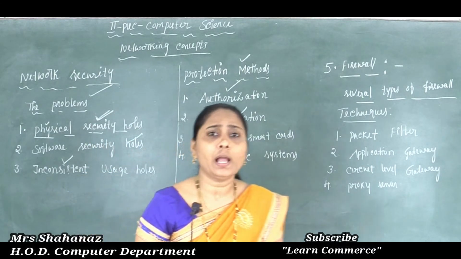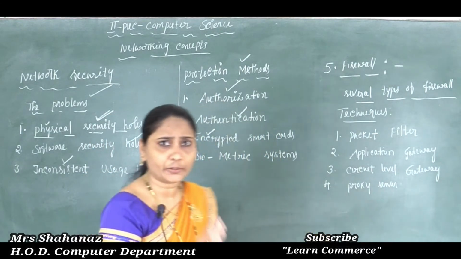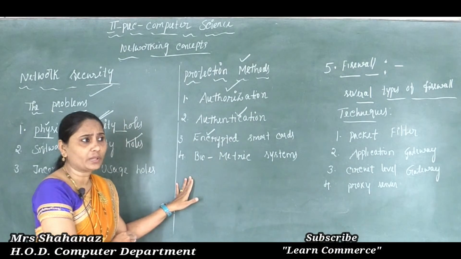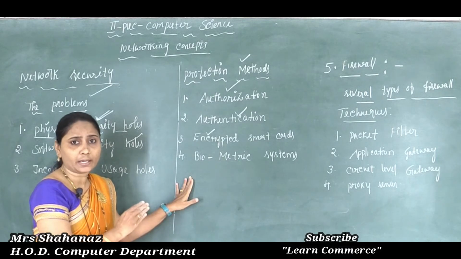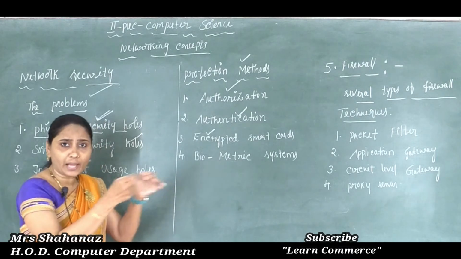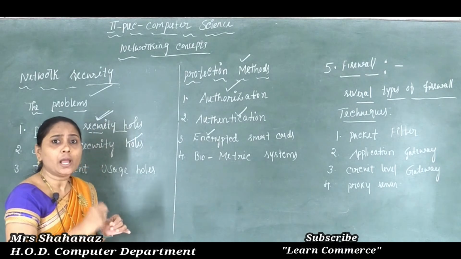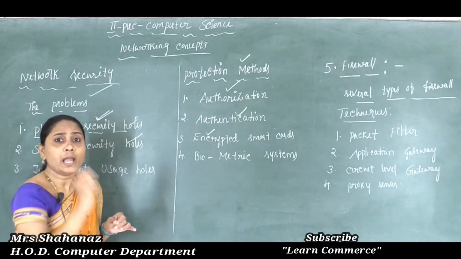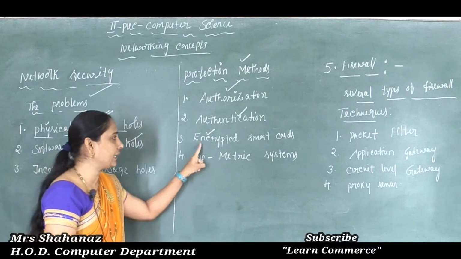That means only the authorized person can use such an encrypted smart card. No one else can use such a smart card. That means after accessing any information once, if you are going to access any information from the network a second time, then you need to use the encrypted smart card.